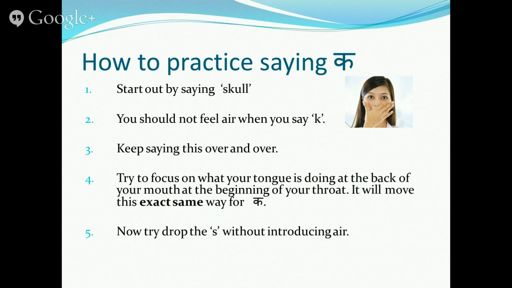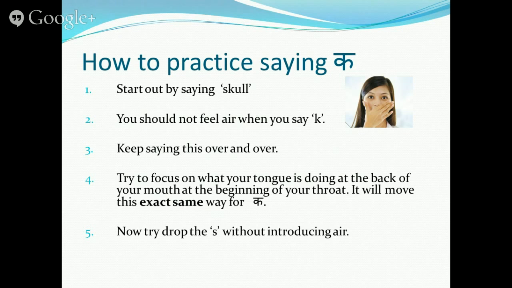As you're doing that, try to figure out what your tongue is doing in the back of your throat, what your throat is doing, what your lungs are doing, and what your stomach muscles are doing. How is it different than when you say kill or cool? How is your body behaving differently?